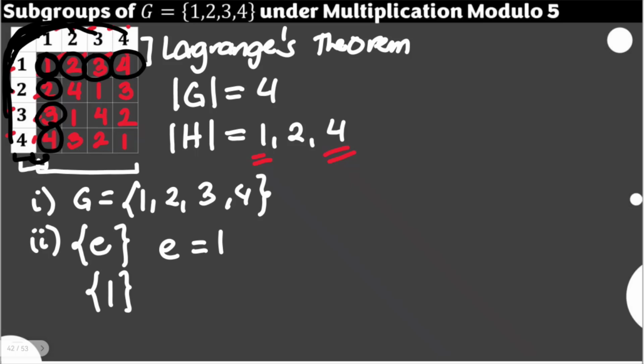Now here comes the next part as we try to identify subgroups of order 2. That would mean we are going to pick pairs of elements and verify later on if they actually exhibit the axioms of a group.